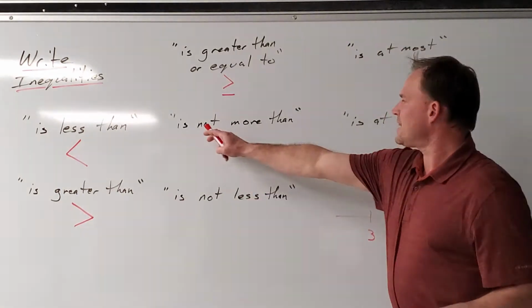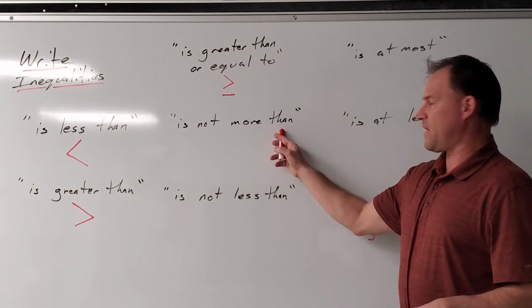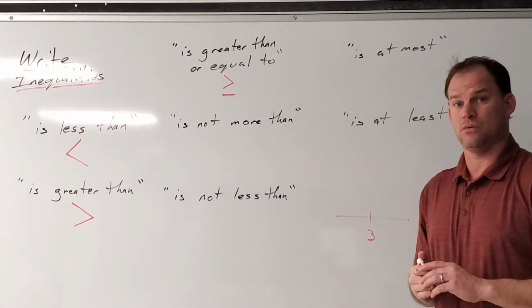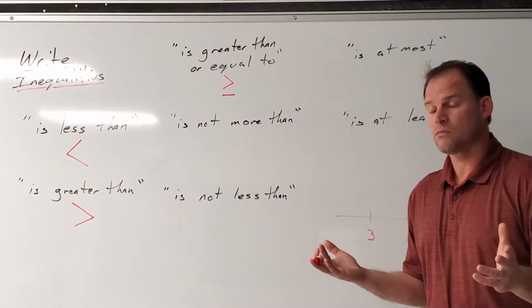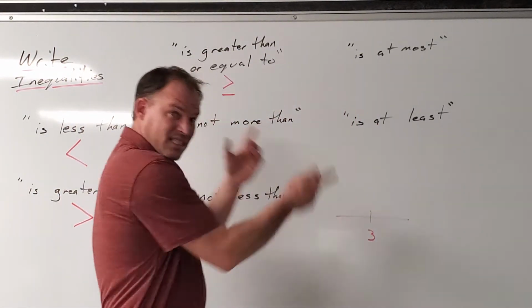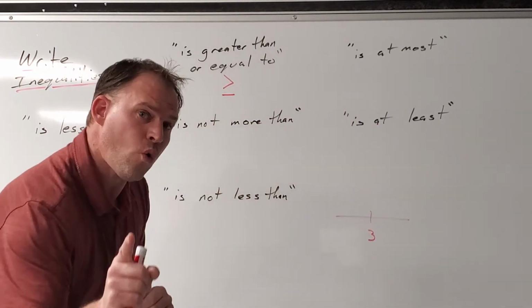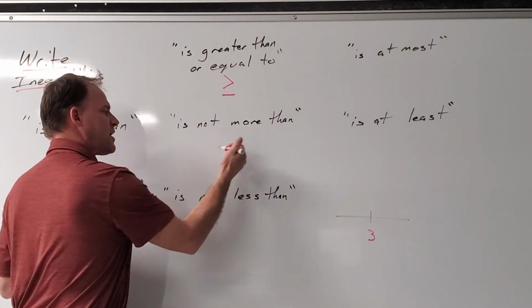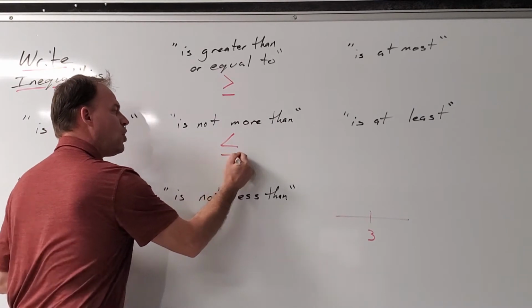So, if I say that it is not more than, what's left? All right? The only thing that's left, if it's not more, it's less, or it's equal. So if you see not more than, that means less than or equal to.